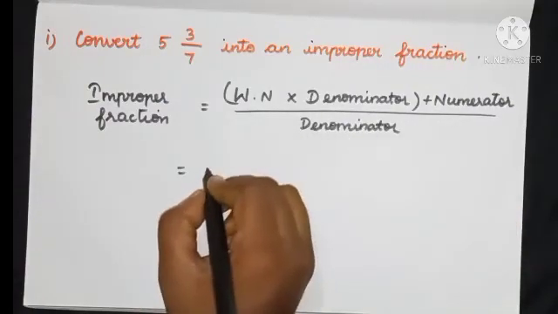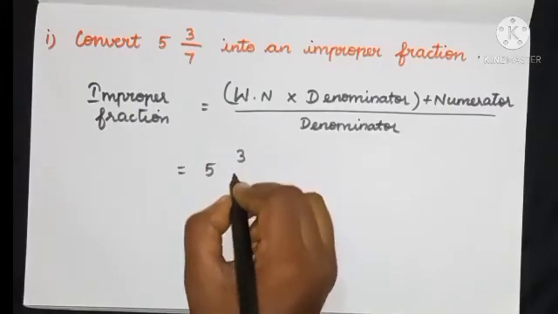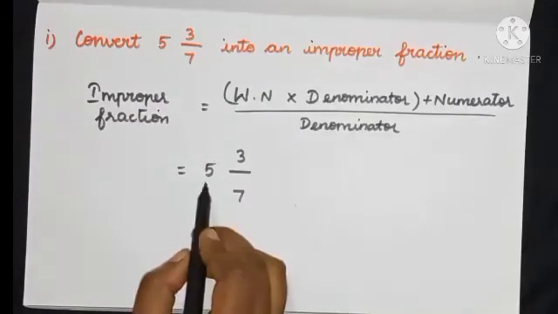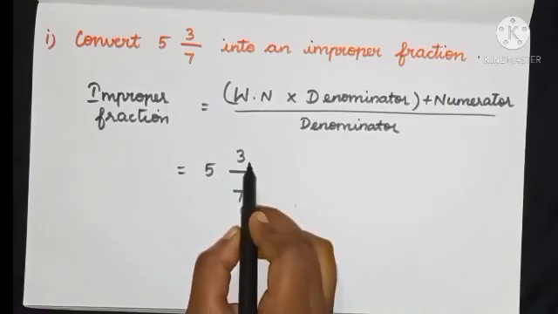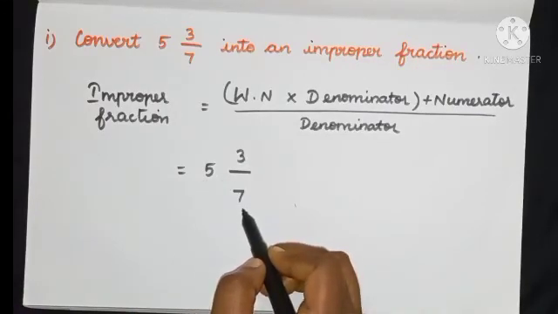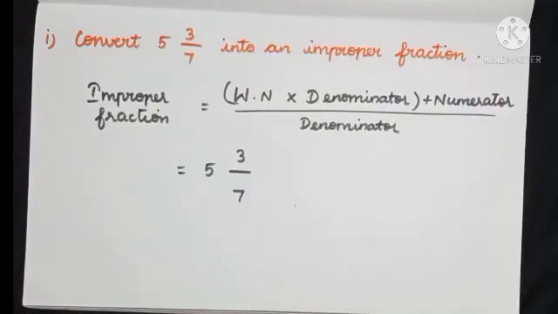Here the given mixed fraction is 5 3 by 7. 5 is in the place of whole number, 3 is in the place of numerator and 7 is in the place of denominator.